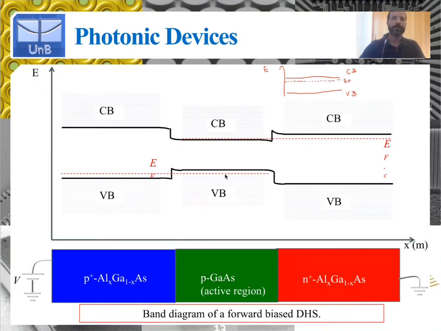This would mean that the Fermi function, the probability of occupation associated with electrons, would look something like this, and it would be one half right at the Fermi level, and then it would keep going down in this way. This means that the probability of occupation for electrons is pretty large here.